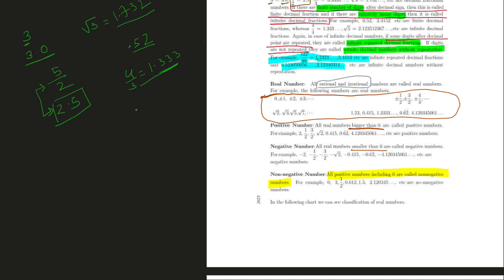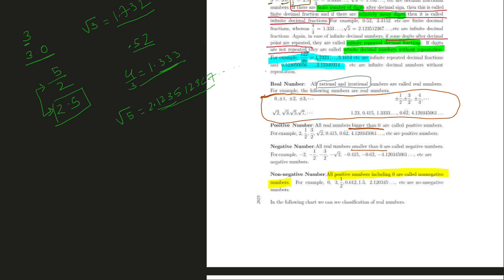But for example, if we write root 5, it becomes like 2.1235123 67 and on and on. These numbers are not repeating, like after the decimal, the numbers that come don't repeat. So this is called infinite decimal numbers without repetition, right?